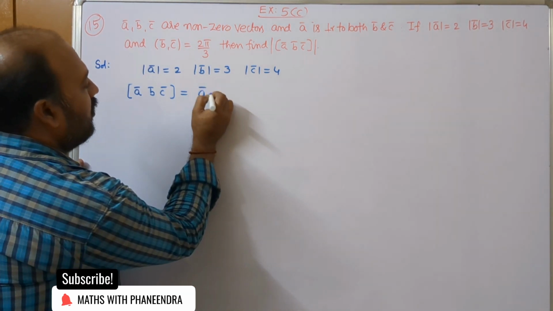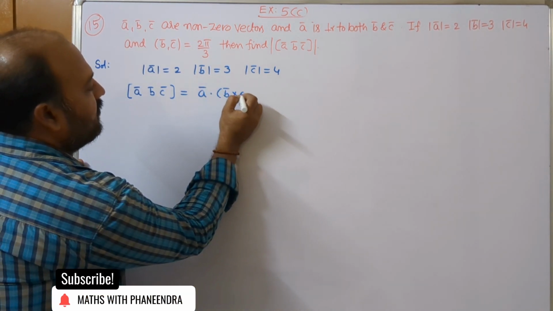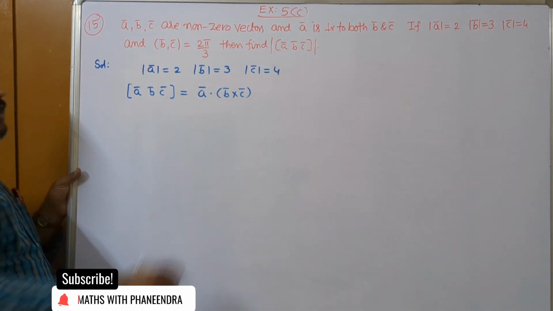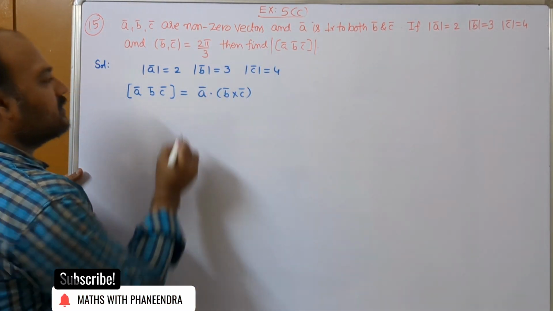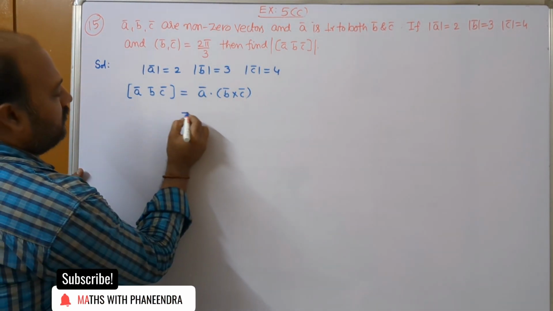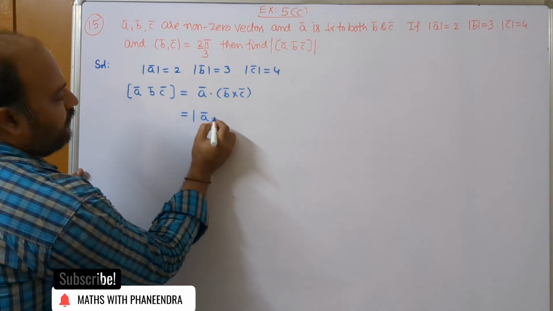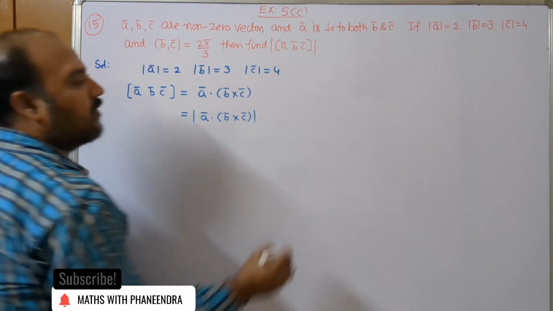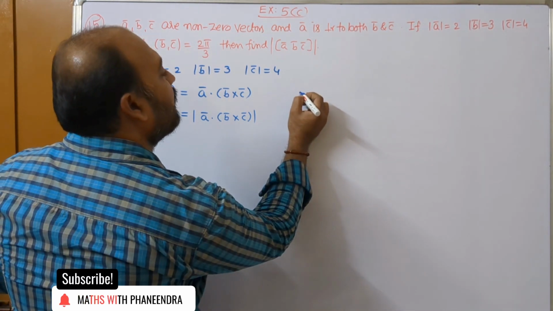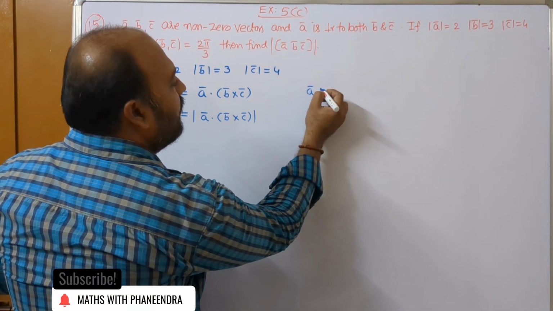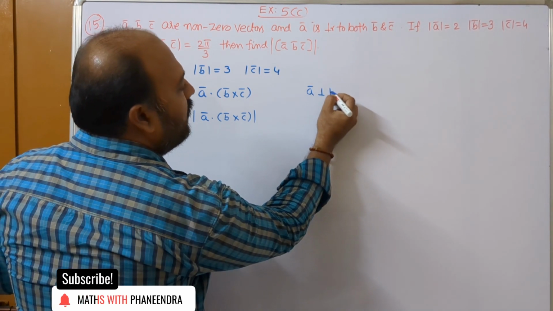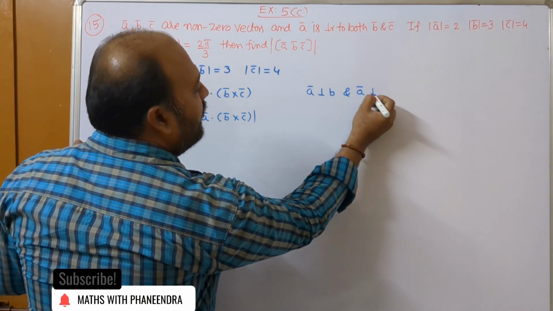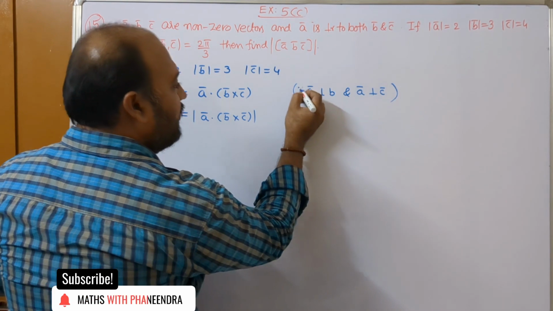Box of A bar, B bar, C bar equal to A bar dot B bar cross C bar. So here modulus is there. So modulus of, and one more condition, A bar is perpendicular to B bar and A bar is perpendicular to C bar.